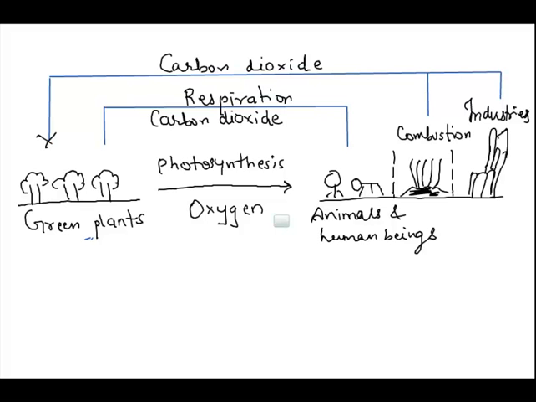So carbon dioxide released from combustion and industries is utilized by green plants, and even carbon dioxide released by animals and human beings through respiration is utilized by green plants.